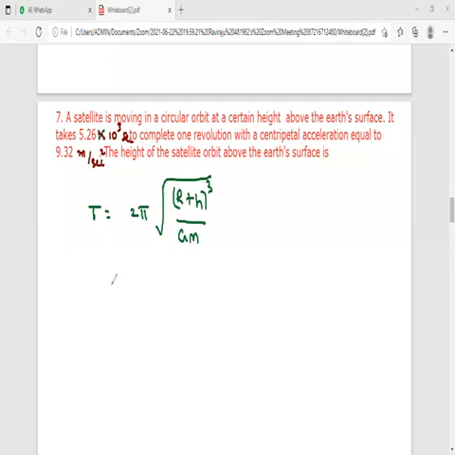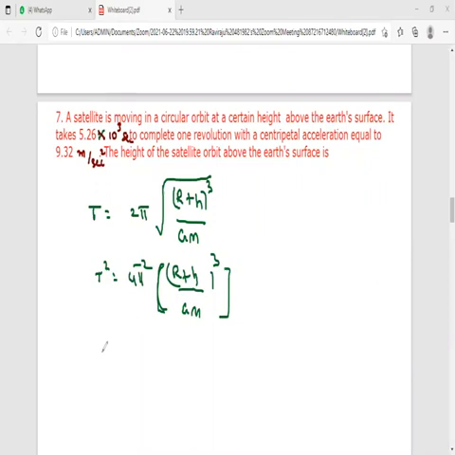So you can calculate here by taking t square equal to 4 pi square into (R plus h) whole cube by GM. This is the equation for t square.